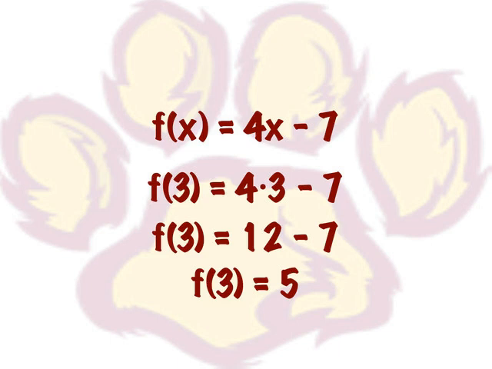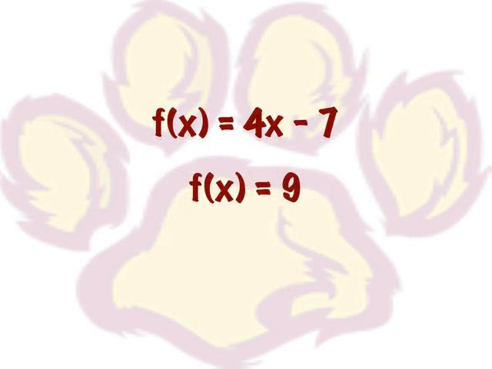There's another way that we can use function notation as well. This can get maybe a little more tricky. It's going to give you f of x equals some number. In this case, using f of x equals 9. We are not substituting for the x, but what we are doing is we're saying what f of x equals.